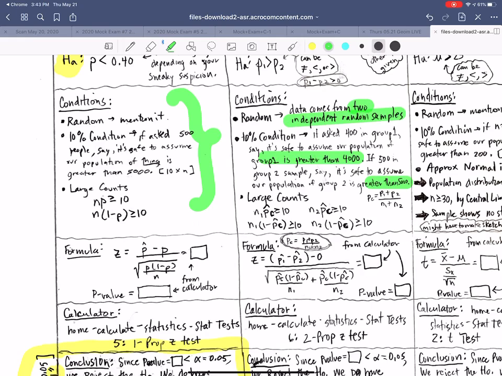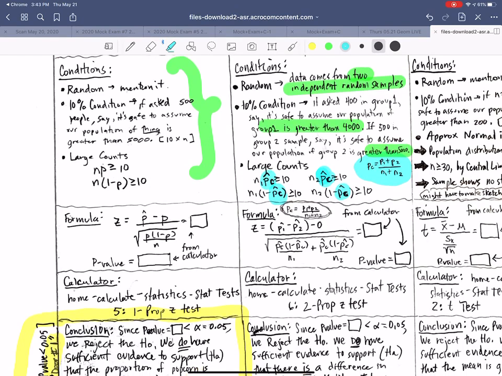Now, this gets a little technical. Technically, and StatMed talks about this, it's more accurate to do the combined P, but notice she actually used P1, P2, and that would be correct as well. I don't think this is going to come into the test. It's just about being slightly more accurate.